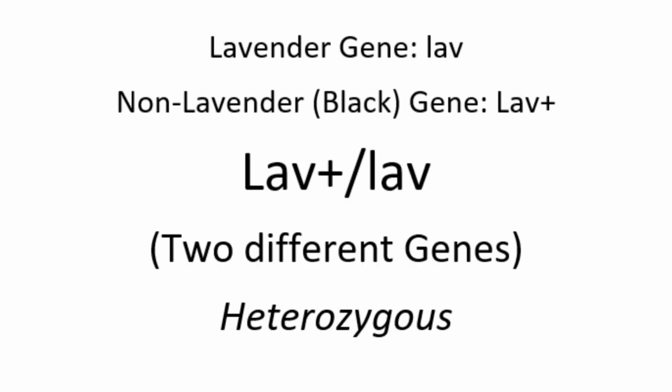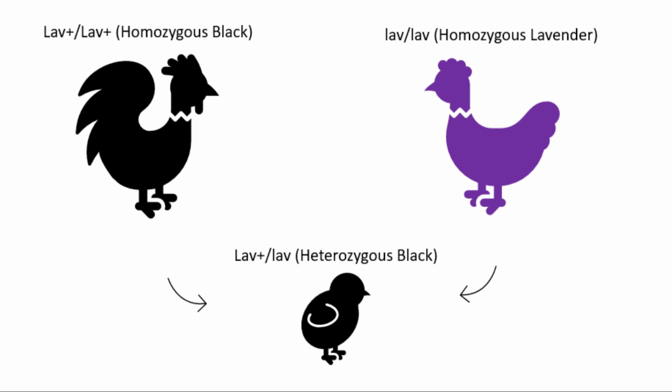Now, the chick will get 1 gene from the hen and 1 from the rooster. Each of these 2 genes is competing to become the dominant or winning gene within the chick. The winning gene is the one that is expressed, or in other words, the winning gene is the one that you will see. But it's not a fair fight because some genes are always dominant over others. It's not random.